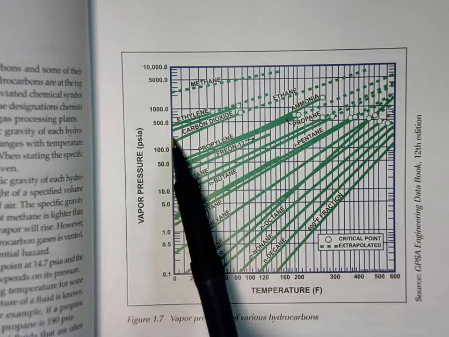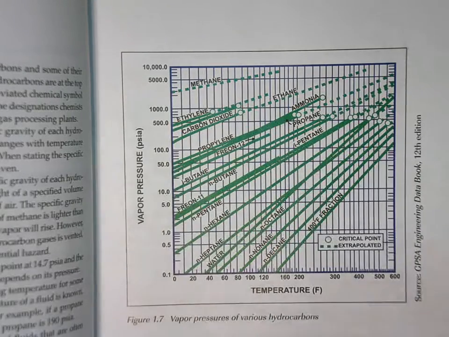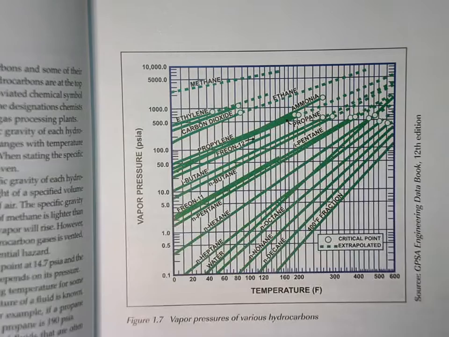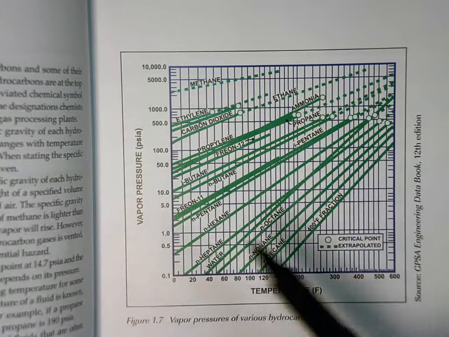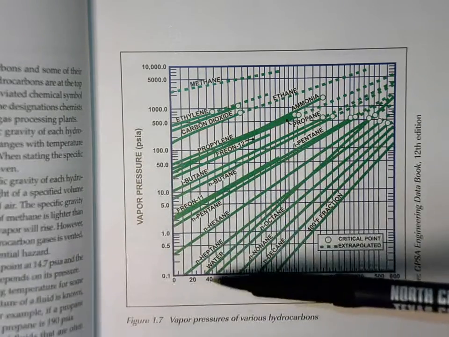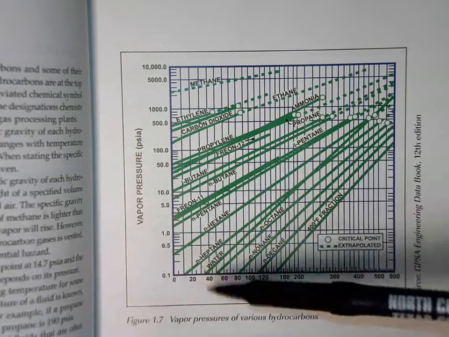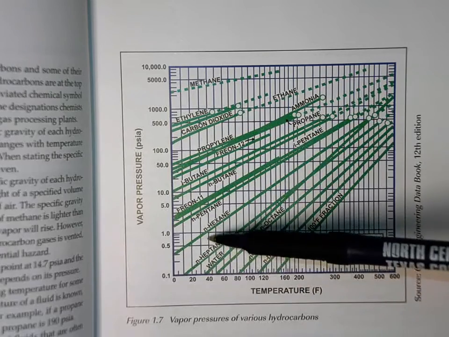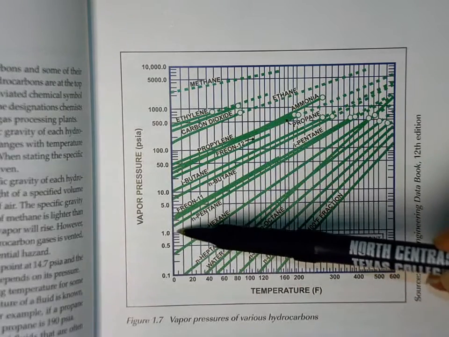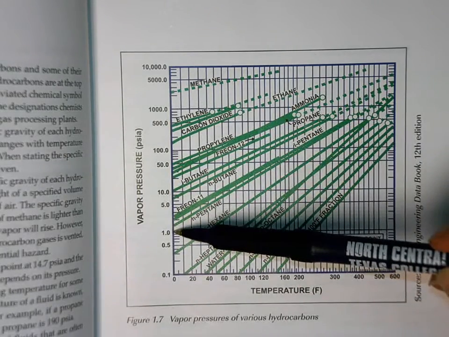So for any of these materials here, you can tell at a given temperature what their vapor pressure is going to be. An easier one to read, let's look at normal hexane at 40 degrees. So 40 degrees Fahrenheit, follow that line up to normal hexane, follow it over, that's 1 psi.